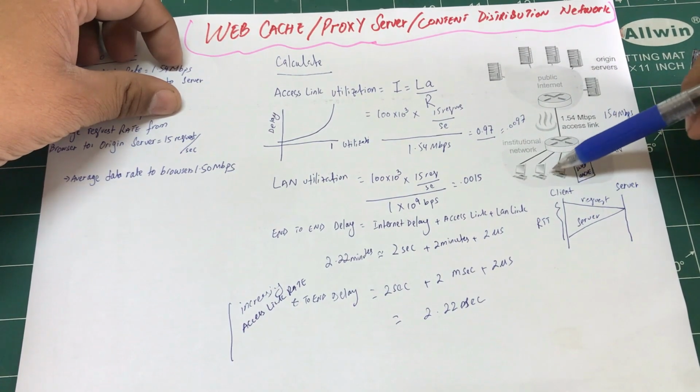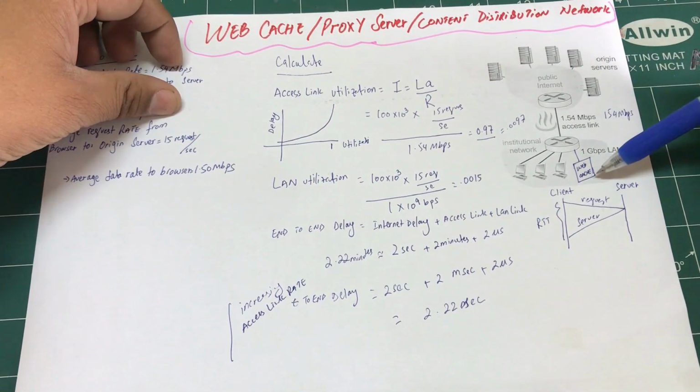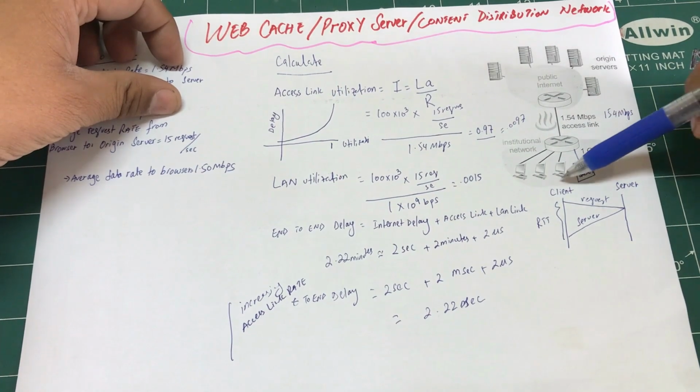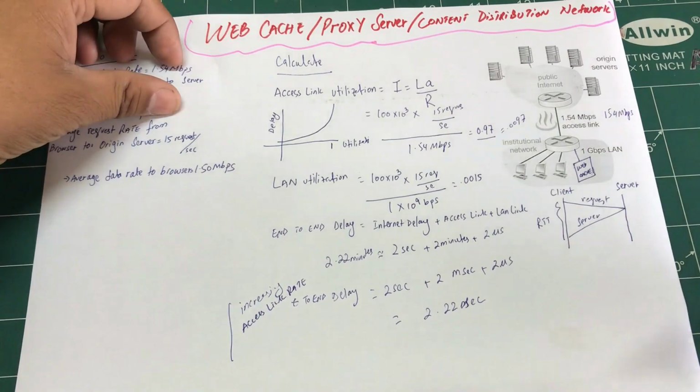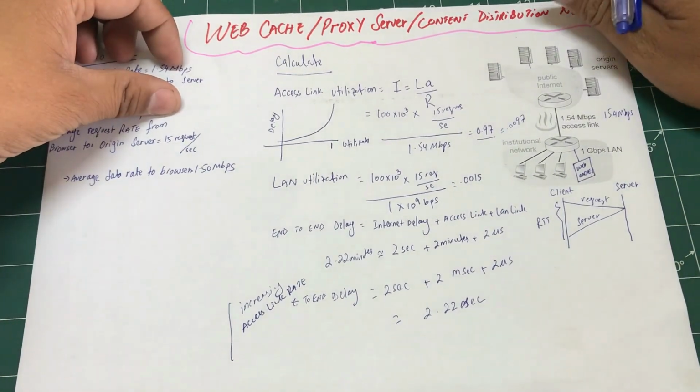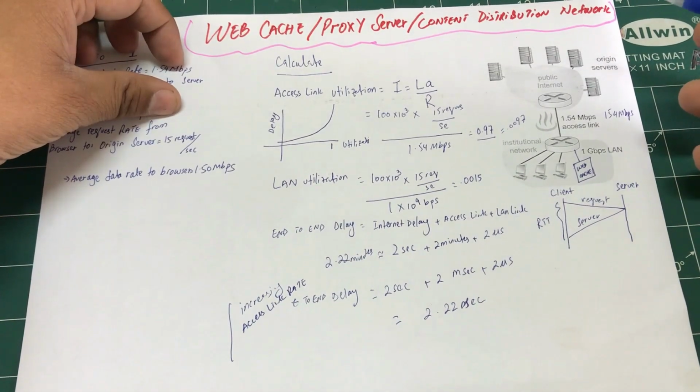If a particular piece of content is frequently requested, I can simply install a web caching server and have it served by this web cache.